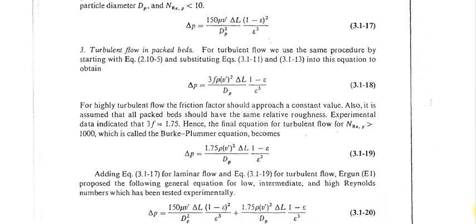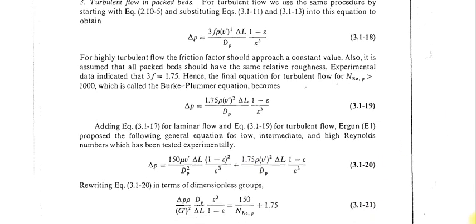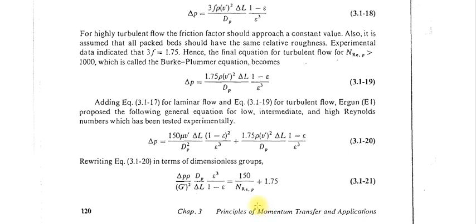Okay, equation 3.120. This is nothing but the rearrangement of the formula in terms of dimensionless group. So you need not remember this. You also need not remember this if you want to use it, but for the exam purpose, or if you want to use these formulas for future study, or if you want to go for some competition exam related to chemical engineering, then you have to remember these formulas.